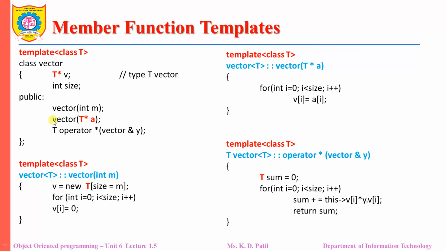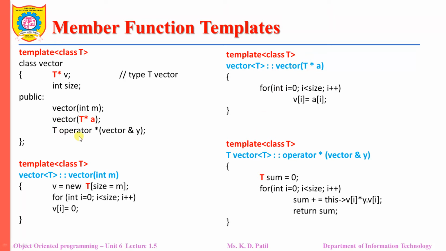If you want to define another member function, vector T star a, as a member function template outside the class, you can have the definition like this: again we have to write the template statement, then vector T followed by the scope resolution operator followed by vector, which is the name of the member function, and here I have the argument list.